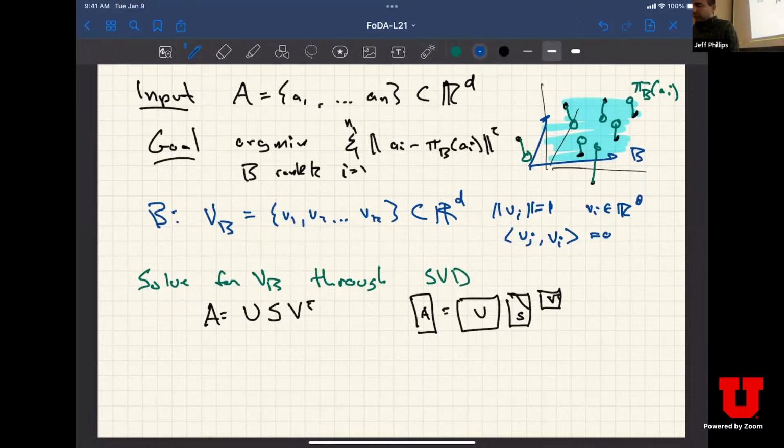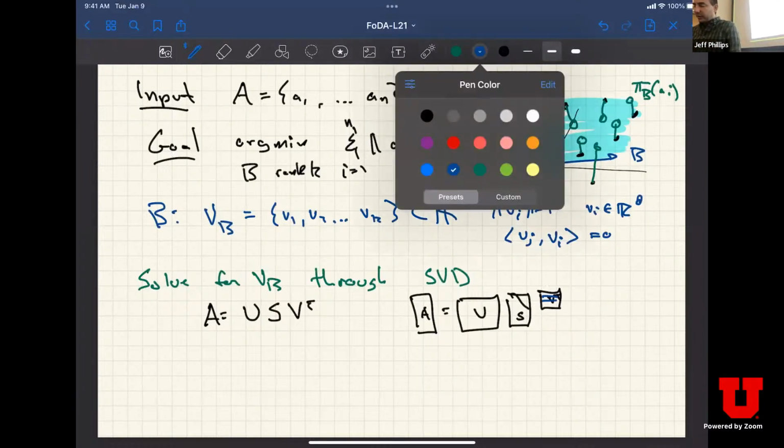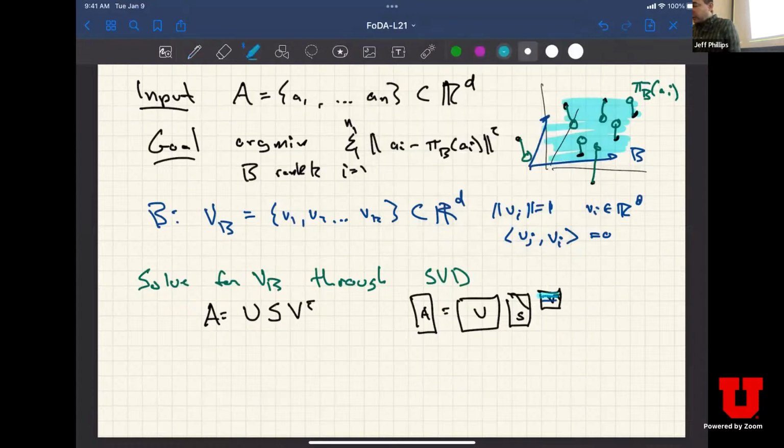And there was a useful way to think about the vectors in V, the row vectors in V transpose. The really important aspects were the rows here and the corresponding values here. So I would get as an output sigma 1 and a corresponding vector V1, which is the first vector here. Sigma 2, V2. Sigma 3, V3.